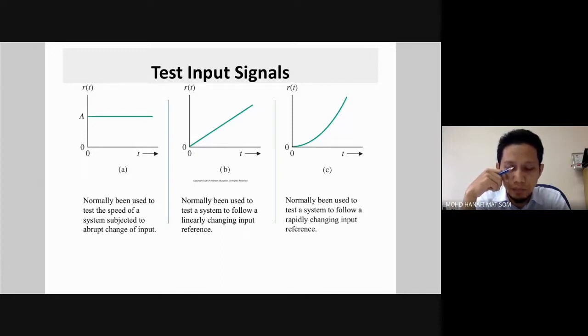In this case, it's a step. And for the ramp, normally we use it to test a system to follow a linearly changing input reference. And the parabolic is normally used to test a system to follow a rapidly changing input reference. We will see later in these examples the use of the test input signals.